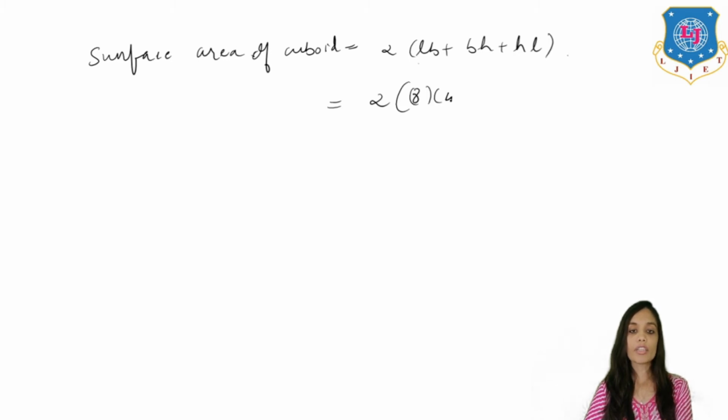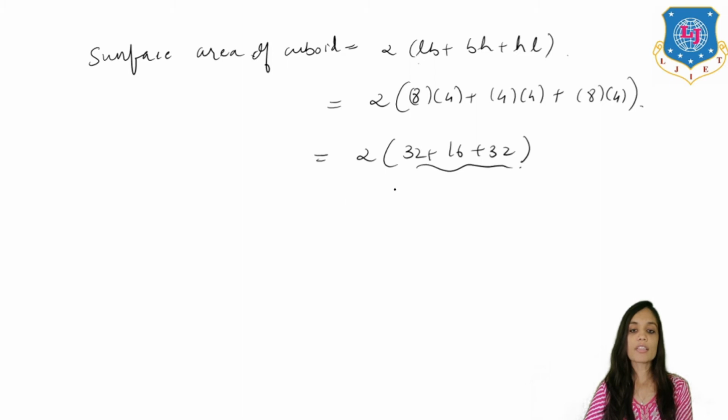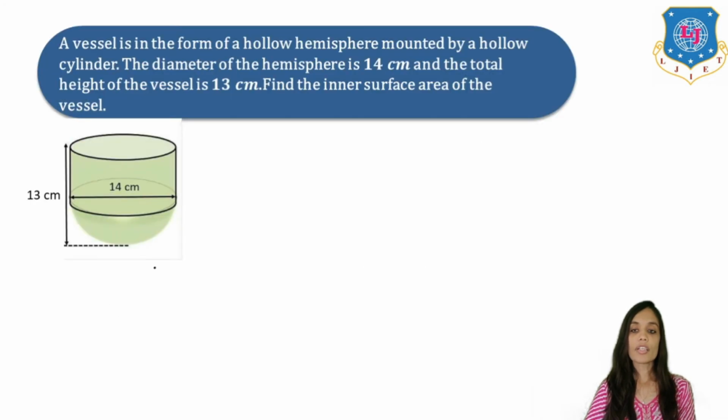So here 8 into 4 plus 4 into 4 plus 8 into 4. So the answer will be 2 times 32 plus 16 plus 32. Now add these three. So you will get 2 into 80. So the final answer of the area of the resulting cuboid is 160 centimeter square.